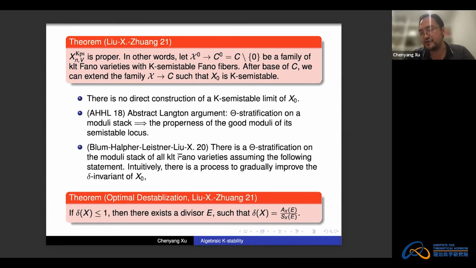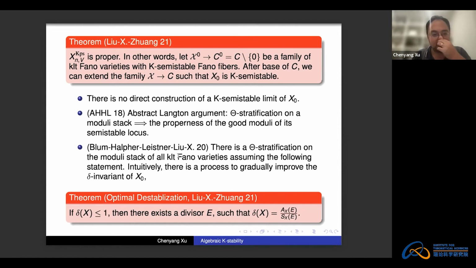A while ago, Chenyang Xu and I proved that you can always fill in the limit to be a Fano variety, a KLT Fano variety. But the issue is where does this K-semistability come from? How do I construct a K-semistable, instead of just a KLT Fano, but a K-semistable KLT Fano? And the answer is we don't know. Actually, even now we don't know how to directly construct it. We only have an indirect way.